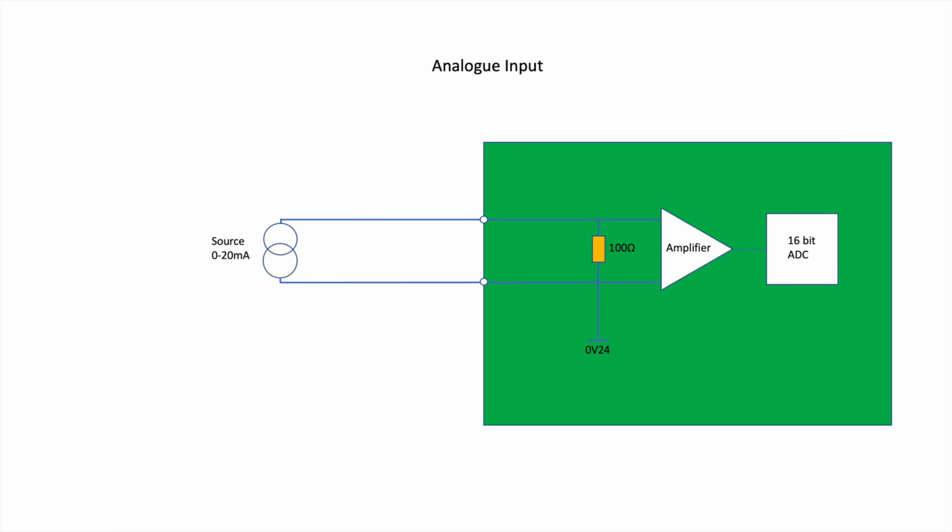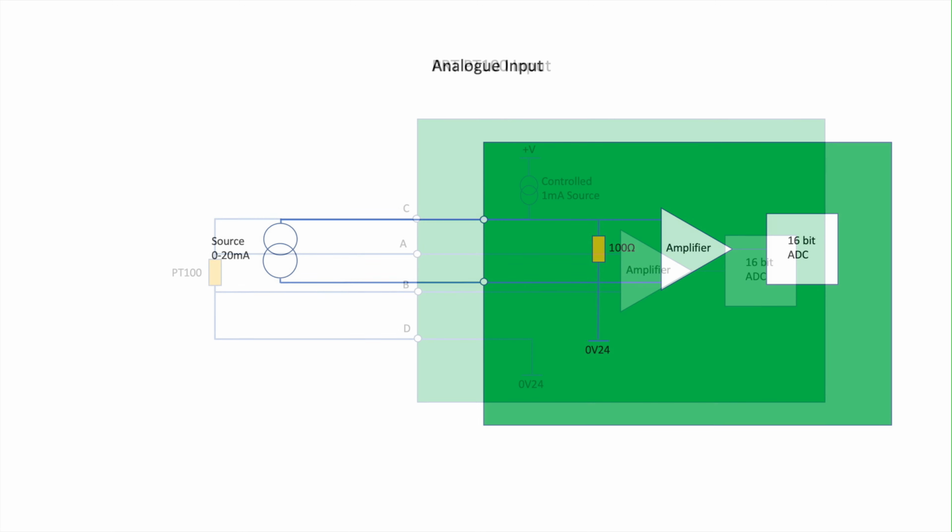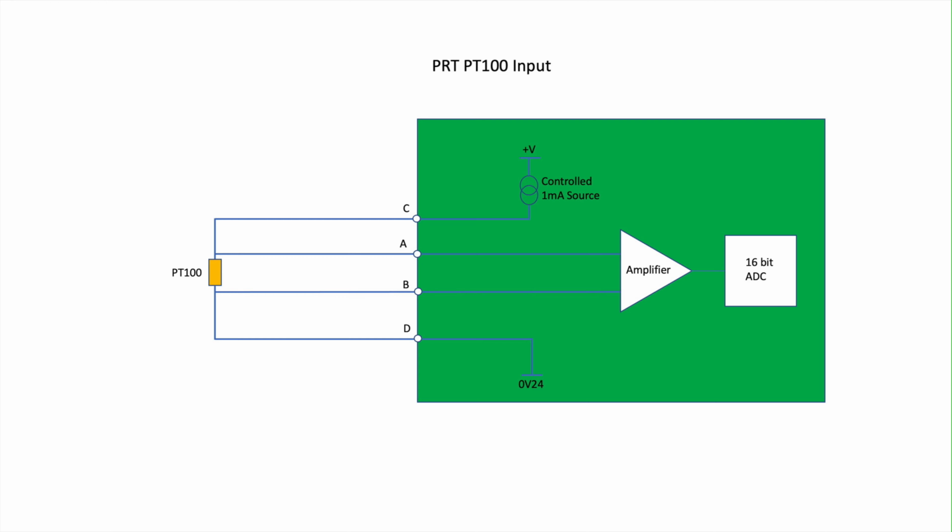The 4 to 20 mA analog inputs have a common negative side, so sources should be wired in the positive side. The 4-wire PRT input is wired as normal, as shown in the example circuit, A with C and B with D, and using 1 mA current has a nominal measurement range of -20 to 100 degrees centigrade.